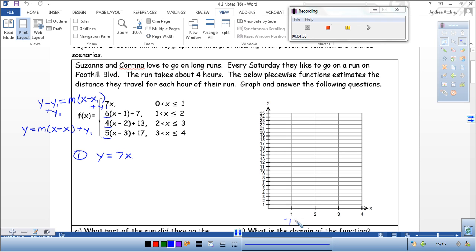This should be time, and it's in hours, and this is going to be distance in miles. So she's going to start at 0 hours and 0 miles.